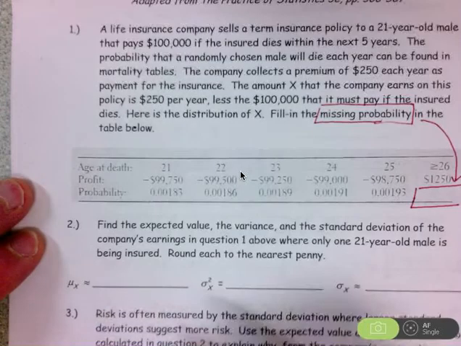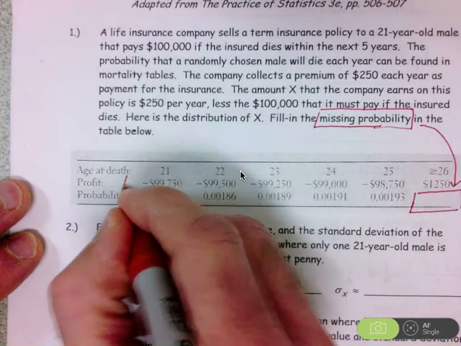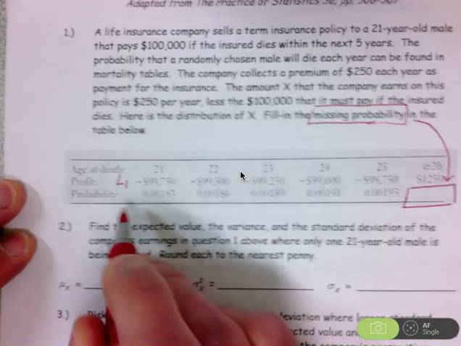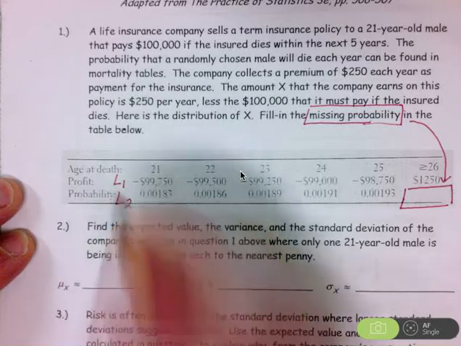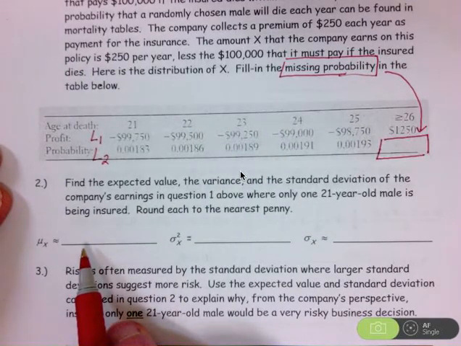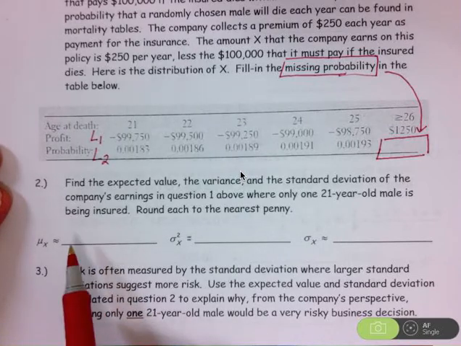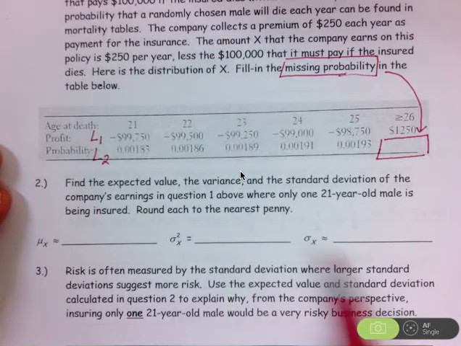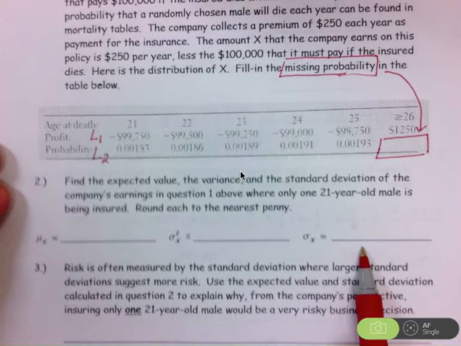So in that program, you should put these profit or earning values into list 1, and the probabilities into list 2, and then you can run your program to quickly get these values. Of course, we're dealing with money, so the expected value should be rounded to the nearest penny. The variance is actually in squared dollars, so the standard deviation will then once again be in plain dollars.